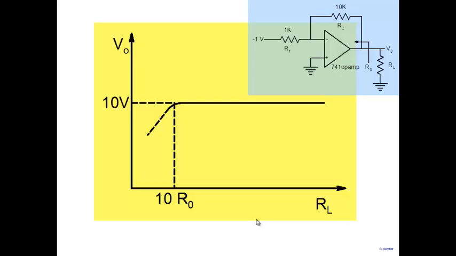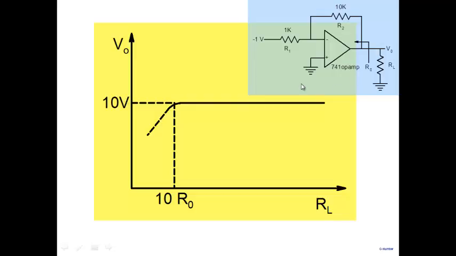You can do it in the lab. You can make this amplifier, start with a large value of RL and start to reduce RL. When would you expect to see the output voltage dropping? Because we're keeping the input constant and we expect the output voltage to be 10 volts.